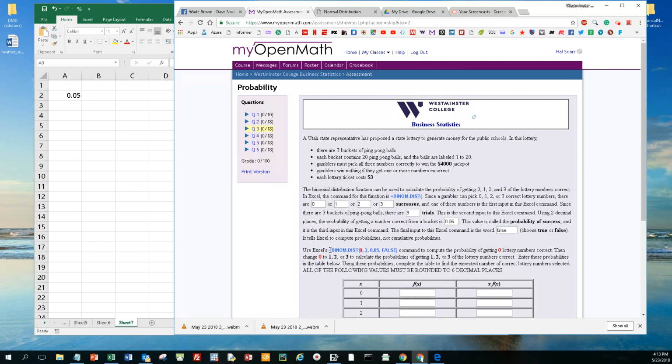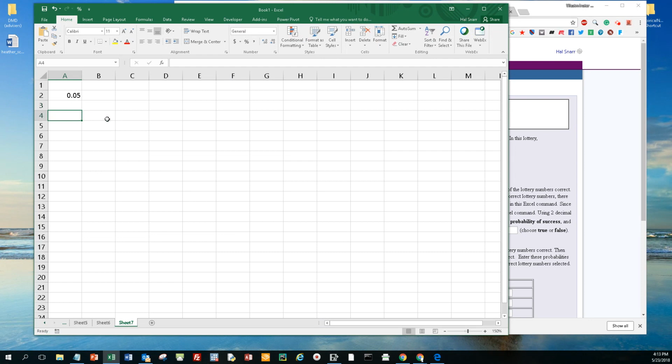We're going to copy this into Excel and place it here. So this is X, the number of successes, and we can have 0, 1, 2, 3 successes.